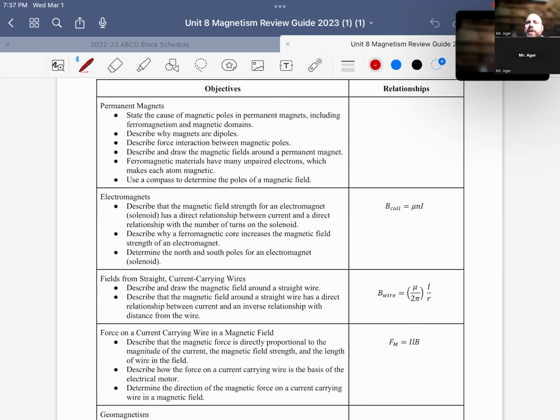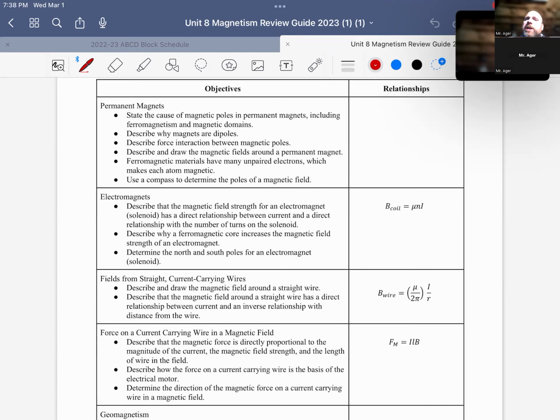You're not going to have to solve that, but you will need to be able to tell me how it changes. If I double the current, or double the number, how does that change the magnetic field? As well as what are some things you could do to increase or maximize the magnetic field.